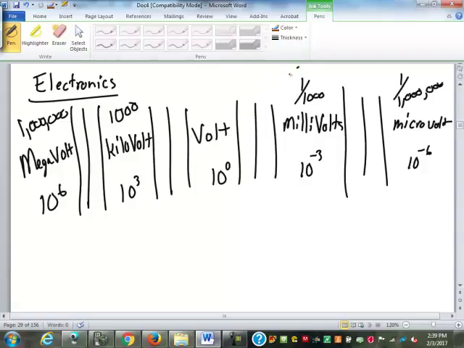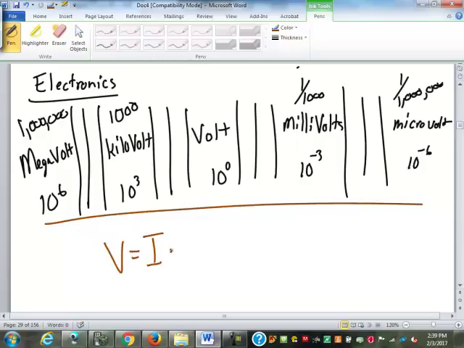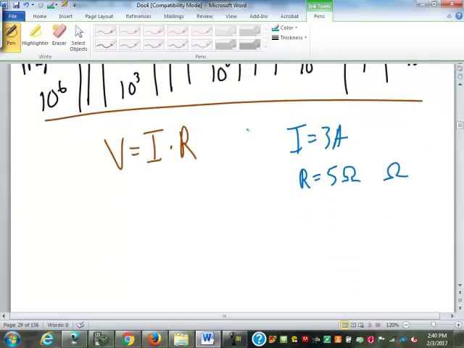So if I'm going to do operations, one of our formulas that we have for electronics is voltage is equal to current times resistance. If I have a current of 3 amps and a resistance of 5 ohms, the voltage would be the 3 amps times the 5 ohms.